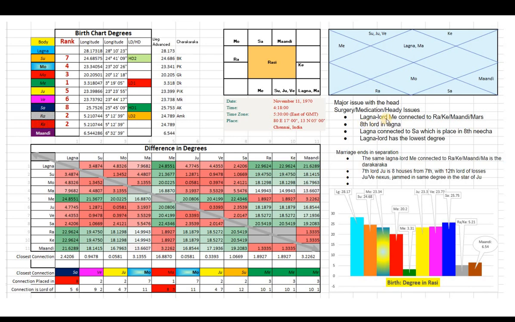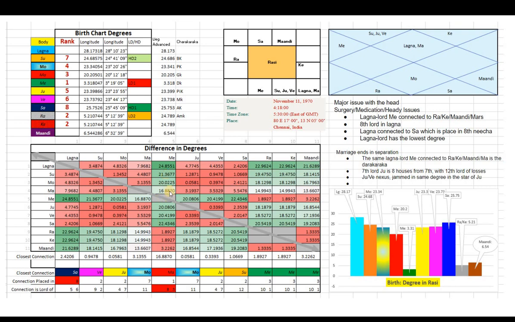So what you see is Lagna Lord Mercury. If you see immediately Mercury, what it is connected to, all these red, Rahu, Ketu and Mandi are the closest in relation to the Lagna Lord. And Mars is, of course, leaving out Rahu, Ketu, Mars is the closest in terms of the planets from Surya to Saturn.